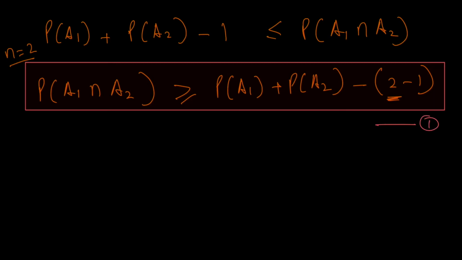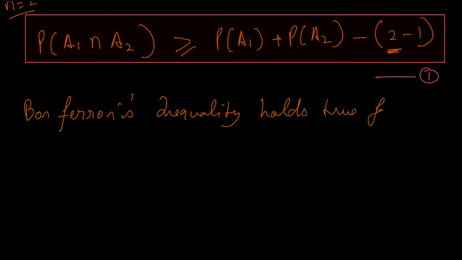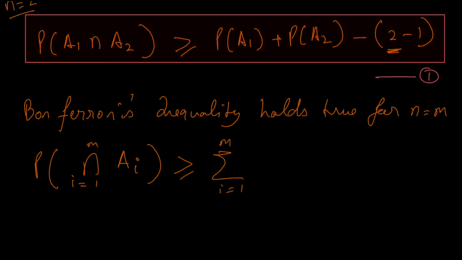So we can now move on with the proof. Let us assume that Bonferroni's inequality holds true for n equal to m, that is, P of intersection i equal to 1 to m of Ai is greater than or equal to summation i equal to 1 to m of P of Ai minus m minus 1.